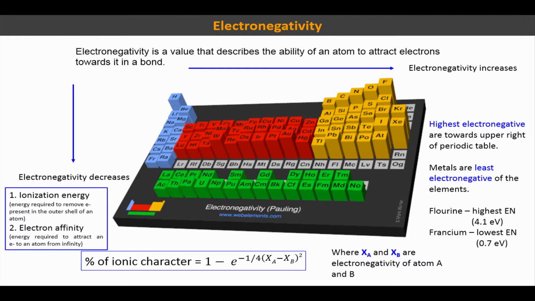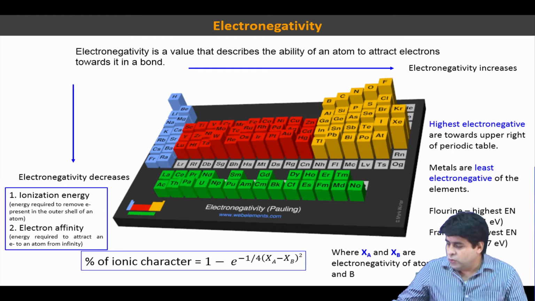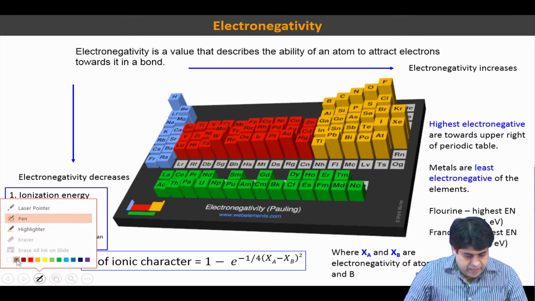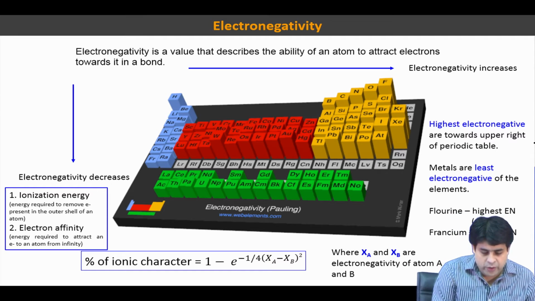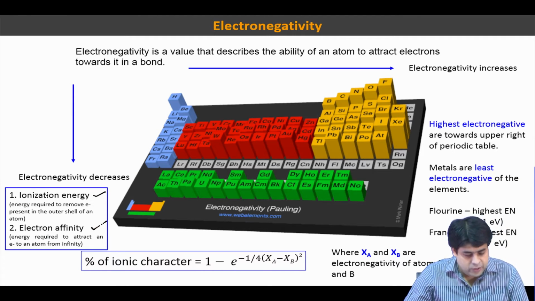So basically, to see how electronegativity varies when we go from left to right in the periodic table, or from top to bottom, first we should understand how we can define electronegativity. To define it, we should know two properties: ionization energy and electron affinity.